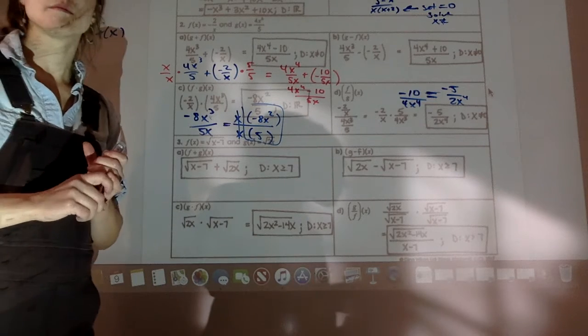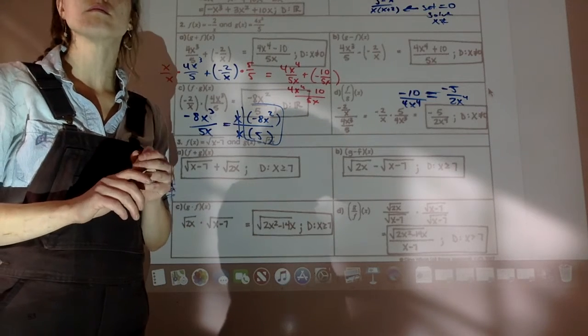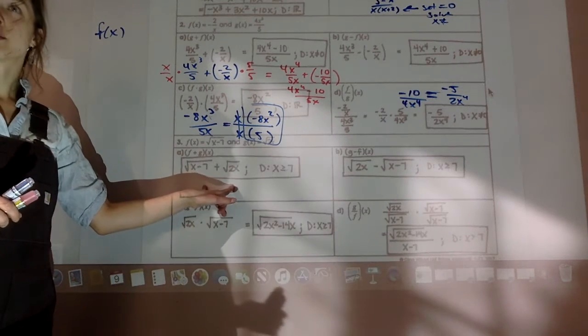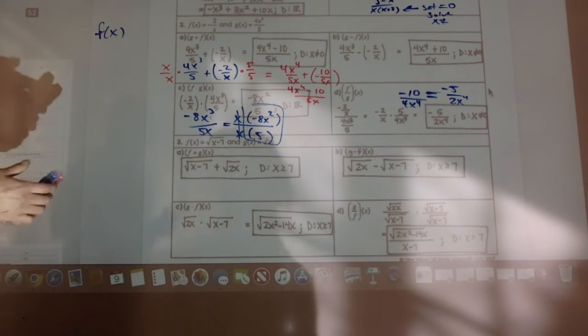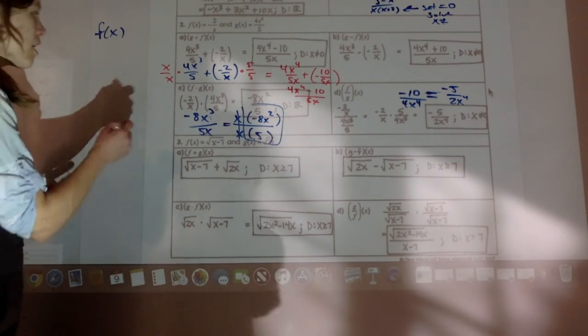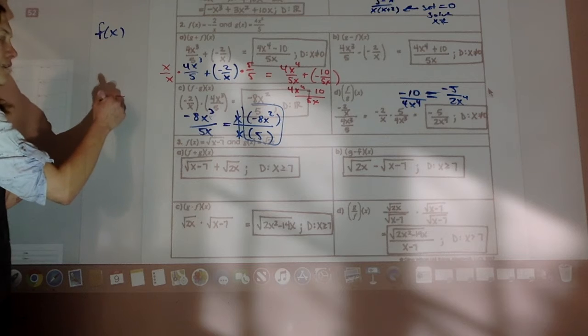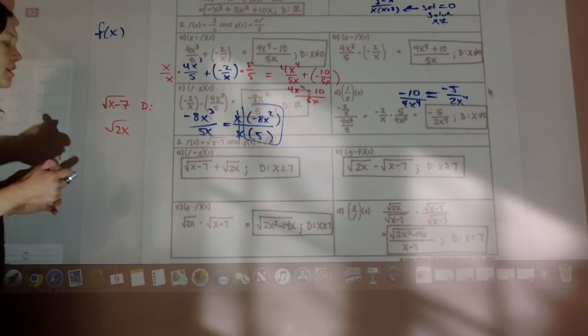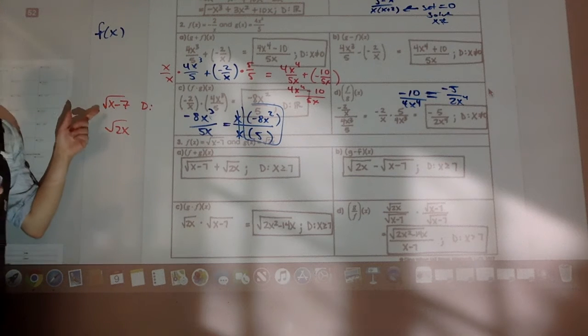How do you know if it's greater than, less than, or equal to? For these ones? Yeah. So for both of these functions, I can find the domain of x minus 7, and then 2x. So what can I not have under a square root?